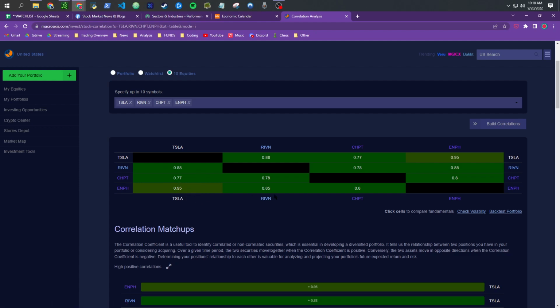So it's pretty important to look at these, I think, especially when you have a lot of stocks that are similar, in the same industry, and so on. Or even if they're not in the same industry, they just might move the same. So I think it's good for looking at your actual diversification in terms of price movement, rather than, oh, I'm in consumer staples and I'm in tech and I'm in all the sectors.